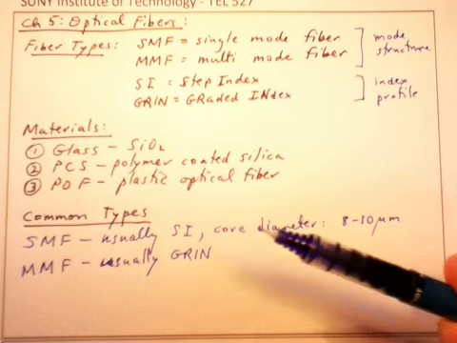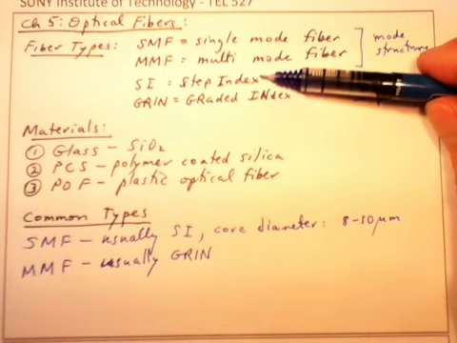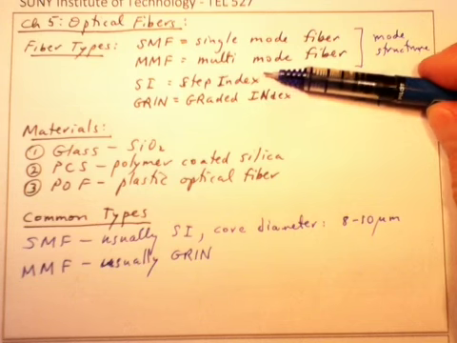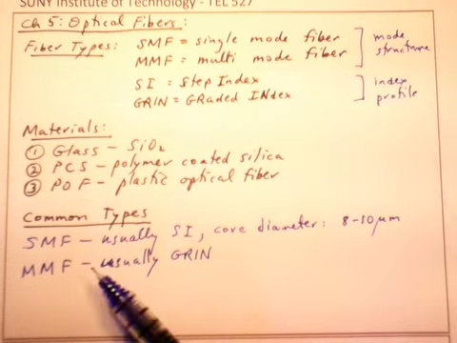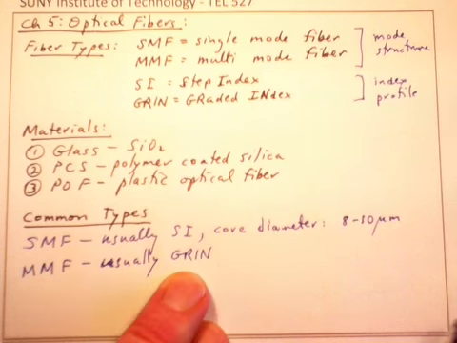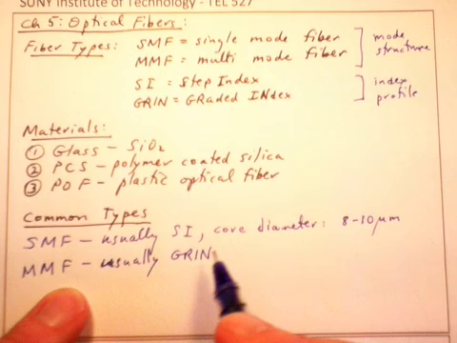And if you make multimode fibers that have a step index, it turns out that the multimode distortion is much larger than if you make a multimode fiber with a grin index profile. And so grins usually dominate the multimode fiber.